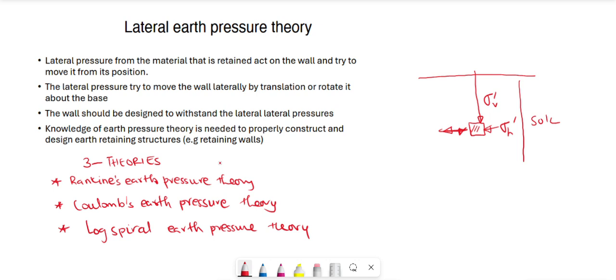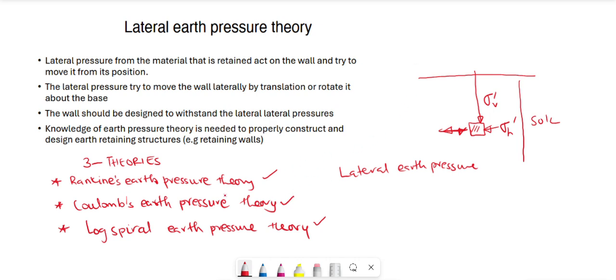So just as we said, we need to understand these three theories, and these three theories will help us to find the lateral earth pressure. So this theory, I'm going to work on based on this theory. Do you get it?